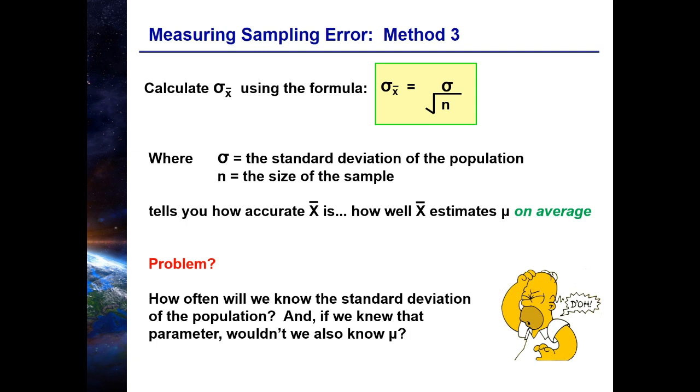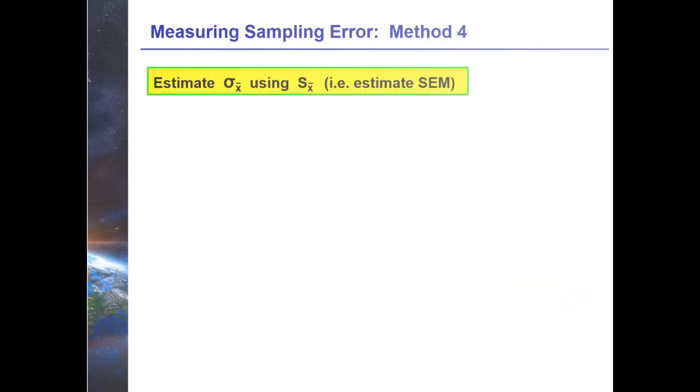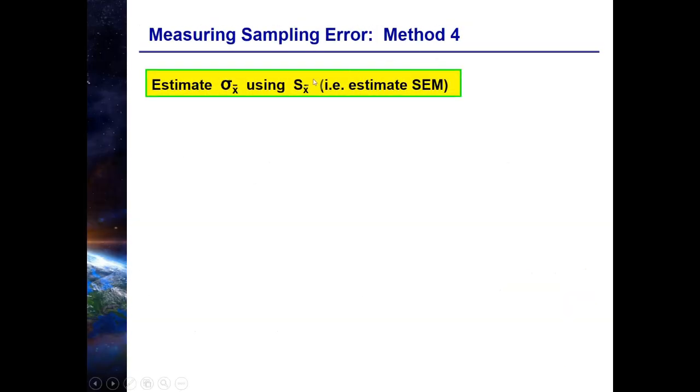When we don't know sigma, we estimate sigma using S. So when we don't know sigma sub X bar, what do we do? Well, we estimate it using S sub X bar. See how easy that is? We just estimate it.